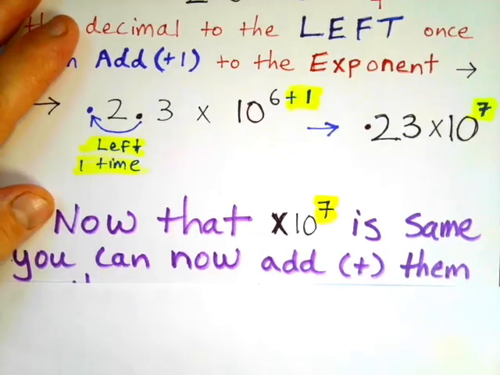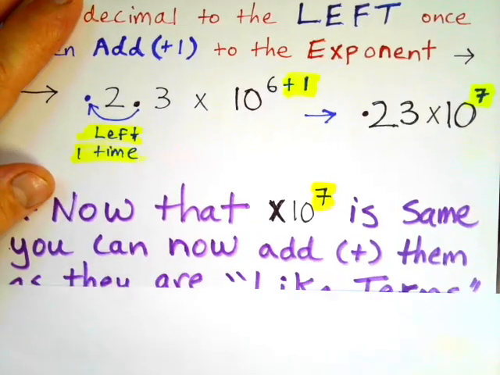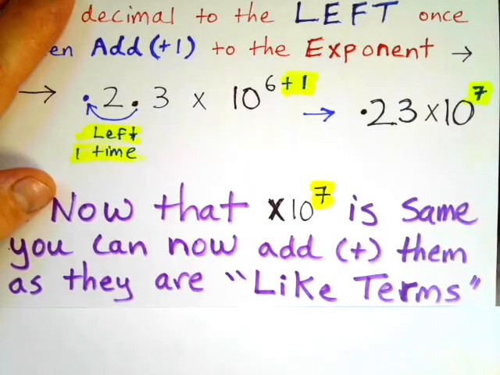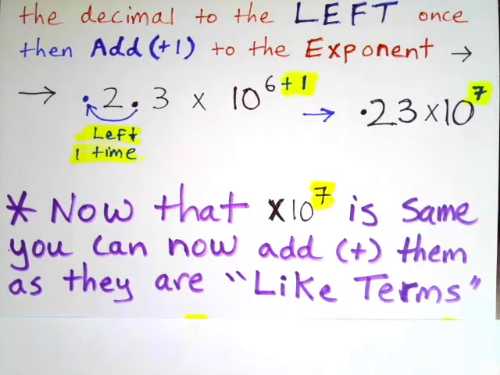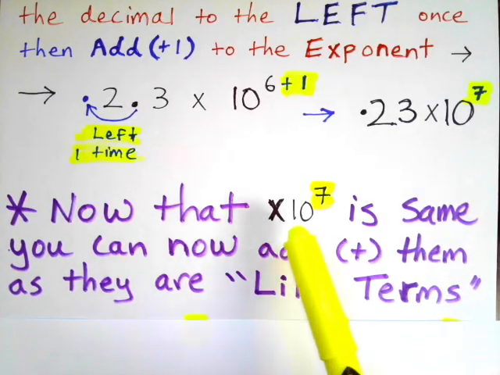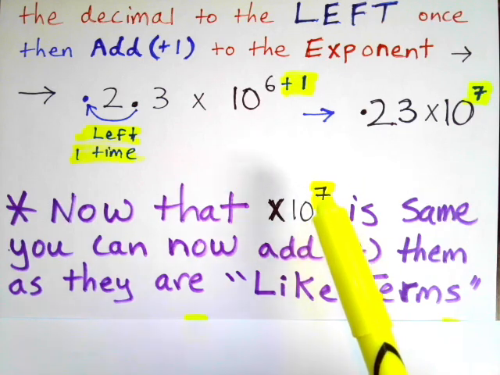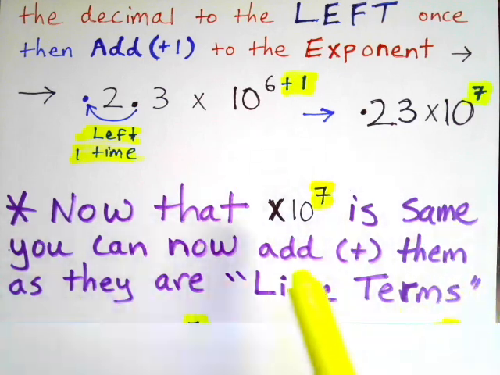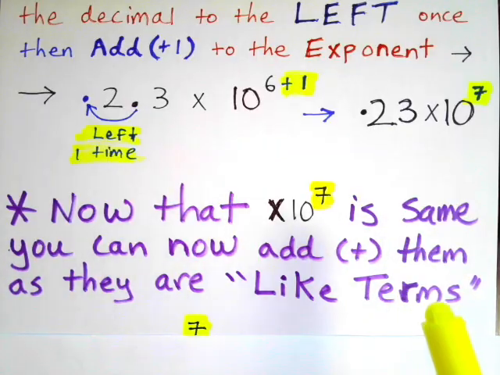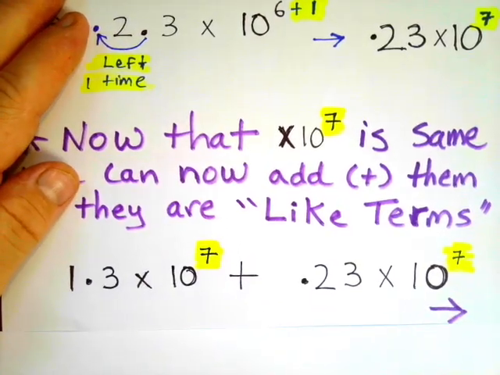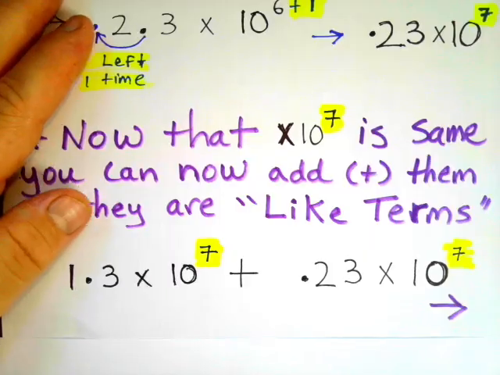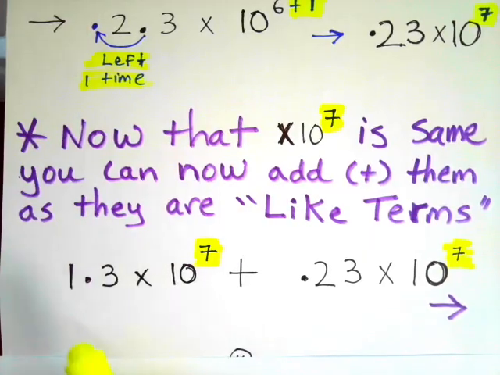I don't like to speed through things, so I'm going to finish this part 2 video and then have a third part for this particular test question. Now that the exponents are both to the 7th power, you can add them as if they were like terms. We have 1.3 times 10 to the 7th power plus 0.23 times 10 to the 7th power.